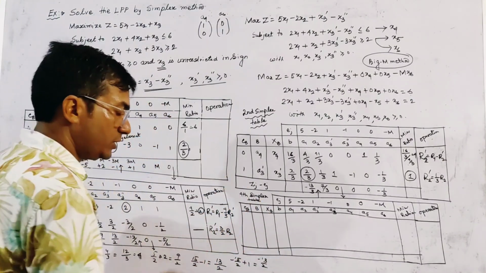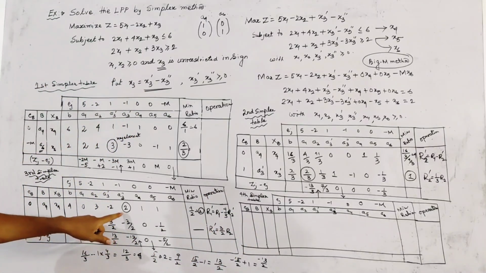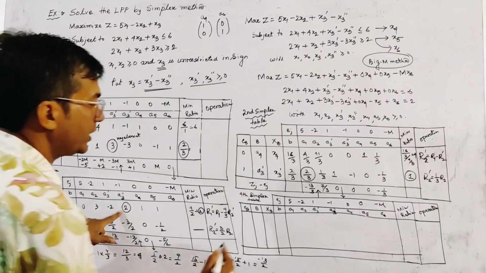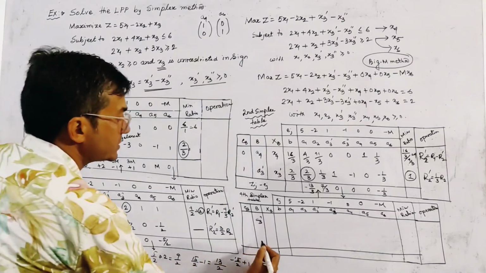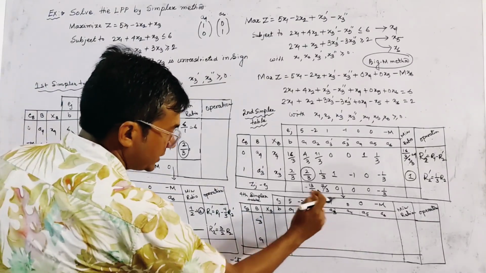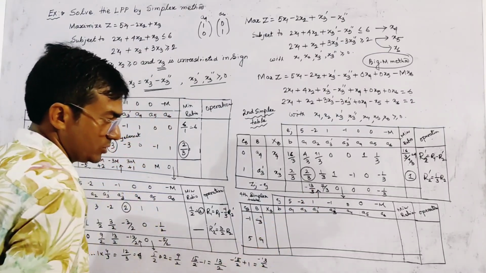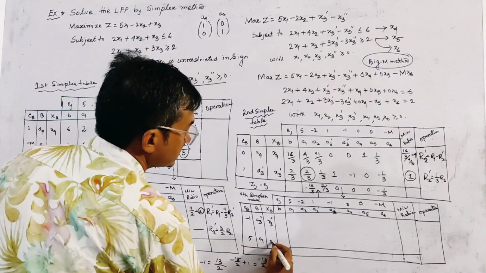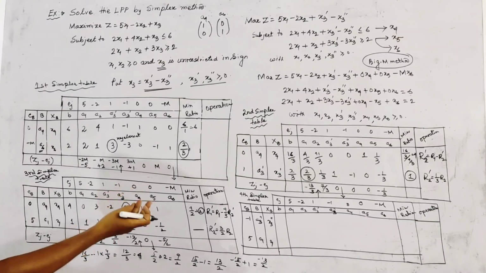Okay, now we make the next table. Now in the fourth table we write first the basis vectors. What are the basis vectors? Here A4 is replaced by A3 double dash. Okay, so we write A3 double dash, and this remains A1, and obviously CB is given by A3 double dash means -1 and A1 means 5. Okay, and this is X3 double dash and this is X1, and now we make this 2 become 1.